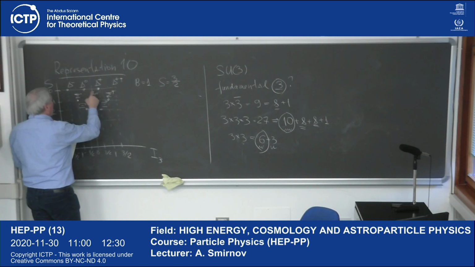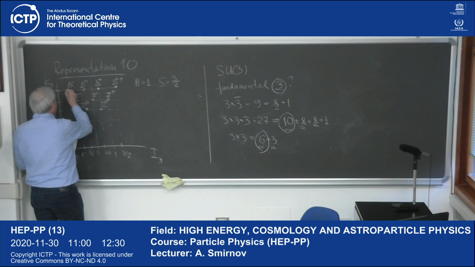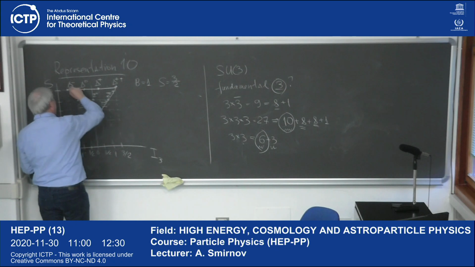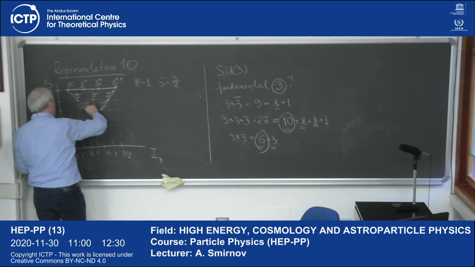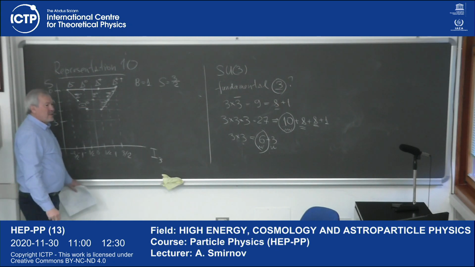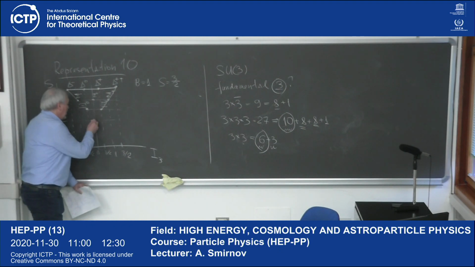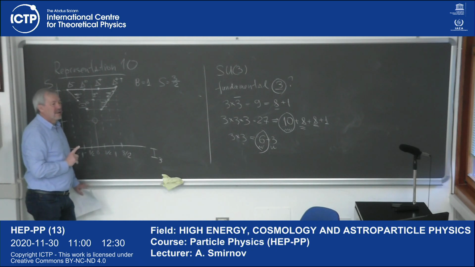So 9 particles have been discovered, and you see it would be nice to have another particle sitting here, which was not discovered by the time of introduction of the SU3 group.